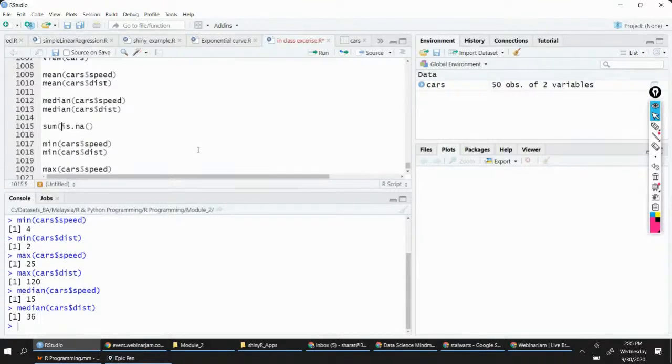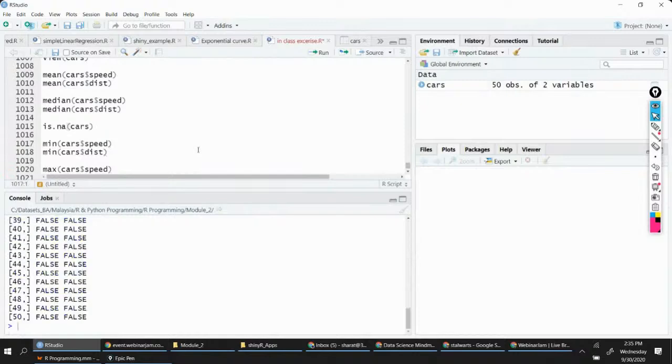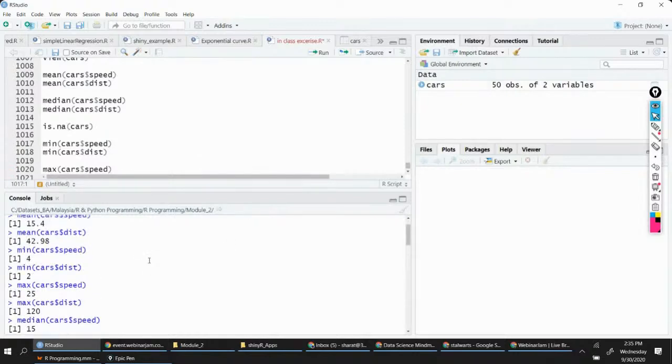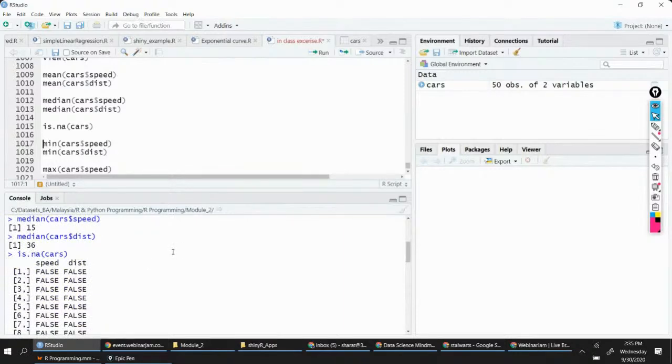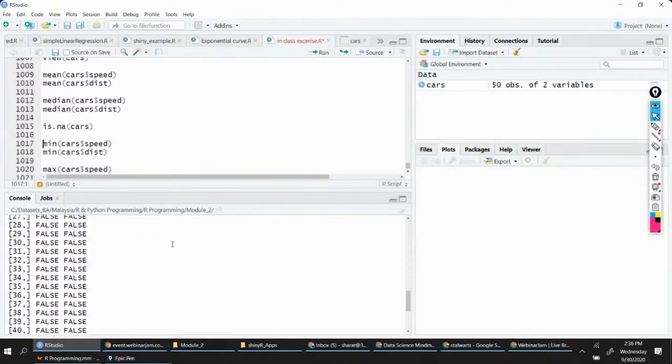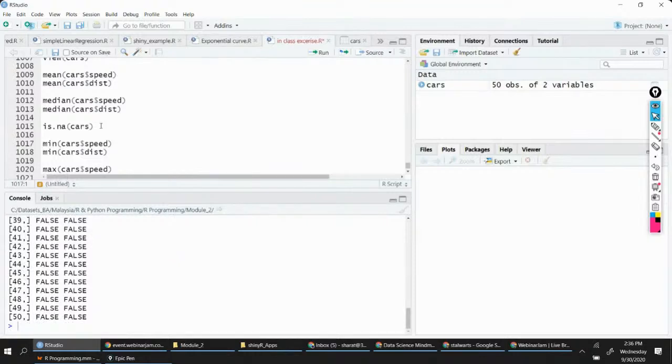So I'll do sum of is.na of cars. Okay, we get false, false, false. Everything is false. So I don't have any truths. That means we do not have any problem. No missing values.